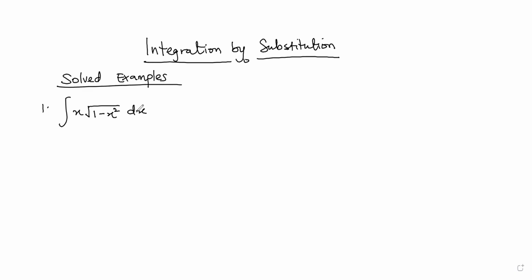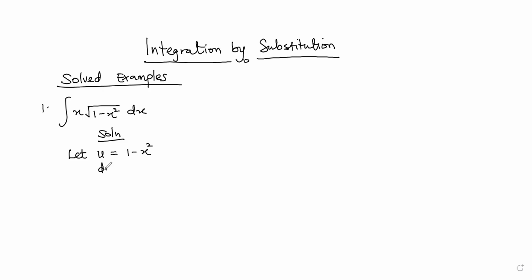First of all, you need to represent what is under the radical sign with a variable. So we say let u equal to 1 minus x squared. The goal is that when you differentiate, you should be able to cancel the term over here. So that's when we use integration by substitution.